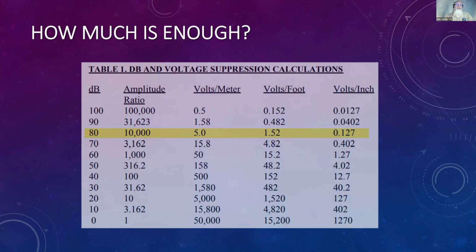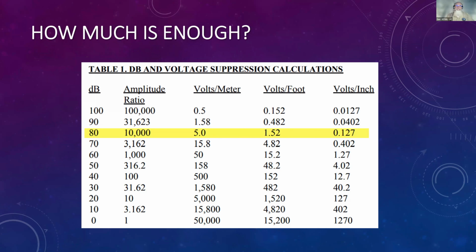As a matter of fact, here is a chart of what you can do and what each level of decibels allows. Here's the amplitude ratio of 10,000, bringing it down to 5 volts per meter. That brings it down to 1.5 volts per foot. My cell phone can easily handle that. And there's volts per inch, right?